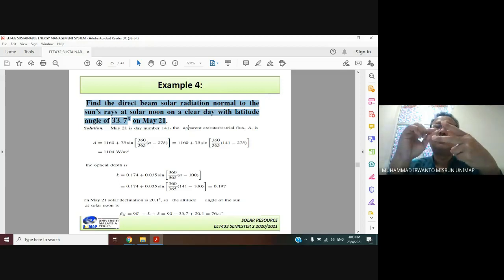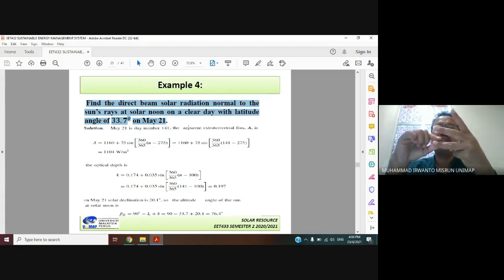Now, we have the beam solar irradiance, the diffuse solar radiation, and the reflective solar radiation. Which one is the highest among these three types? The beam solar irradiance is the highest.